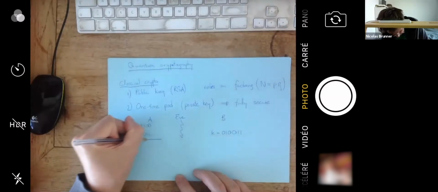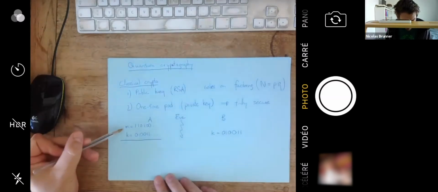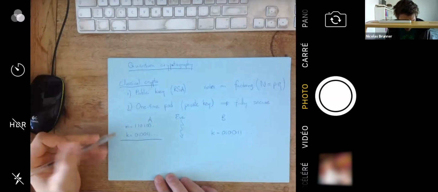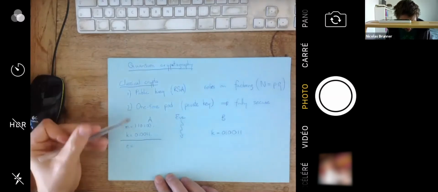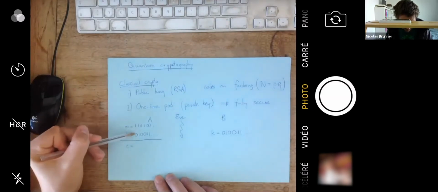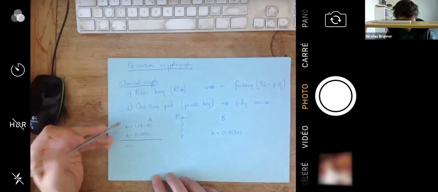All right, so here is how you do it. This is the protocol of the one-time pad: now you compute from the message and the key the encrypted message. The encrypted message is just the bitwise addition, modulo 2, right? This is always binary here.